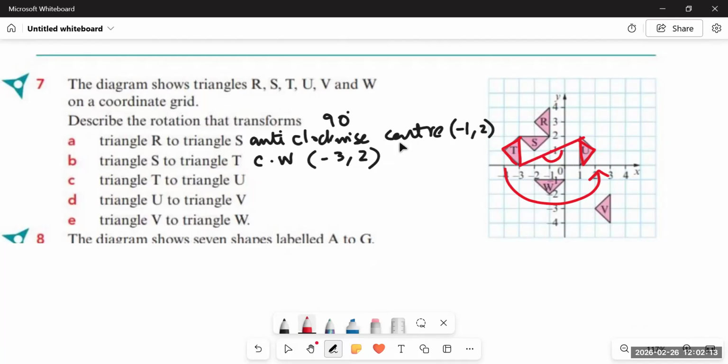And 180 degrees. So it's -1, 1, the center, and 180 degrees. And next we have triangle U to triangle V.